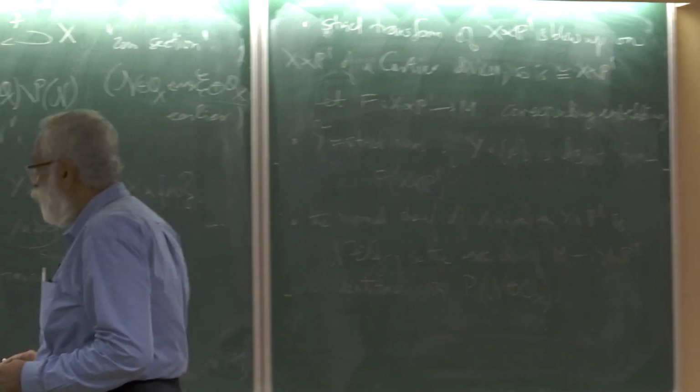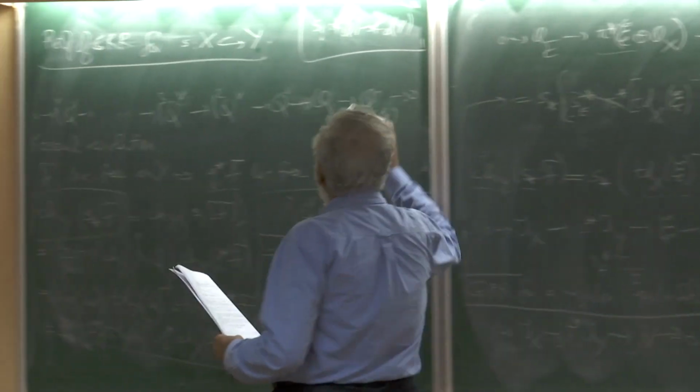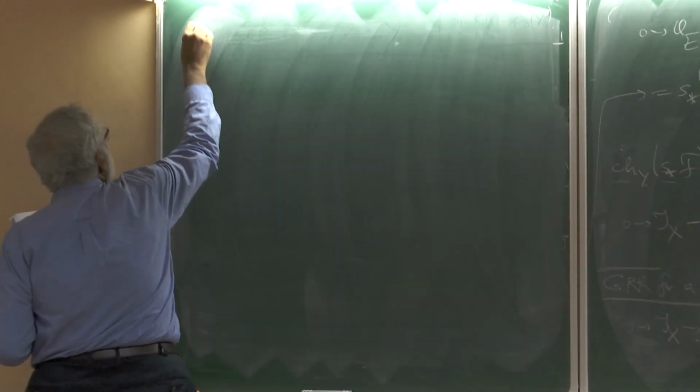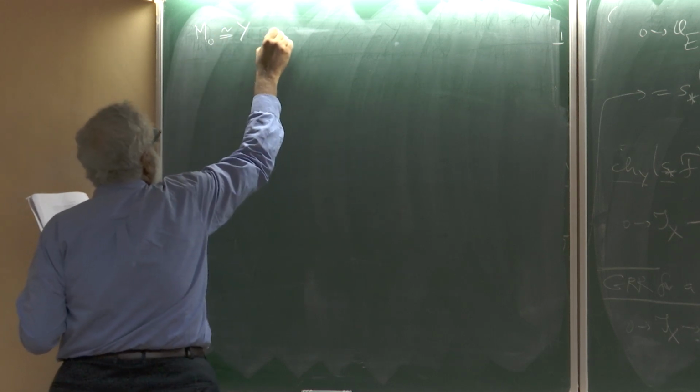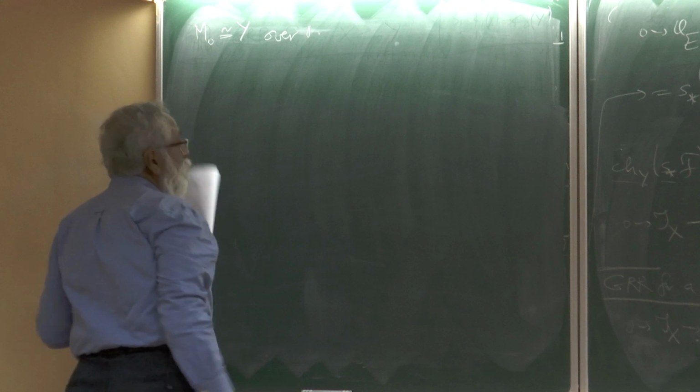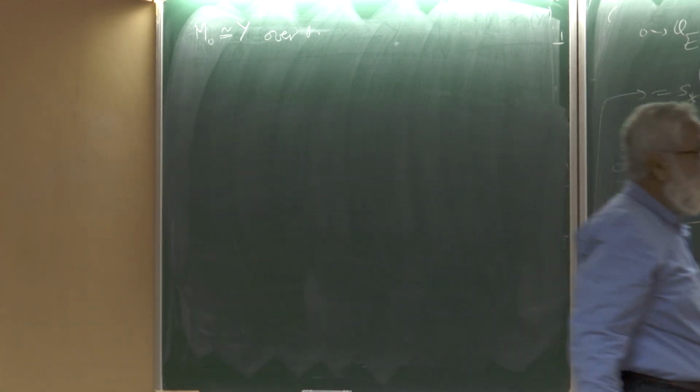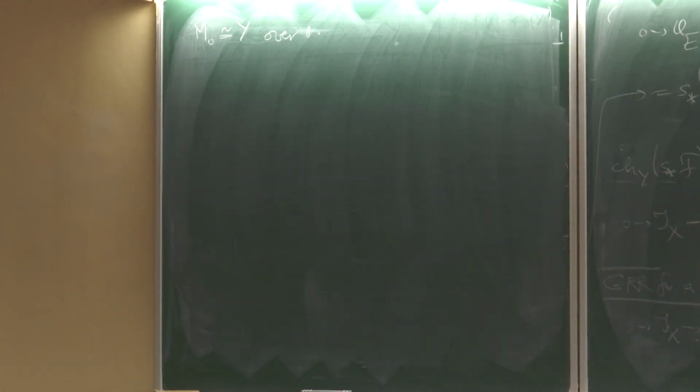And then I have the fibers over 0 and infinity. So let's go over that also. The fiber over 0 is just naturally Y itself, I haven't done any blow-up near 0.